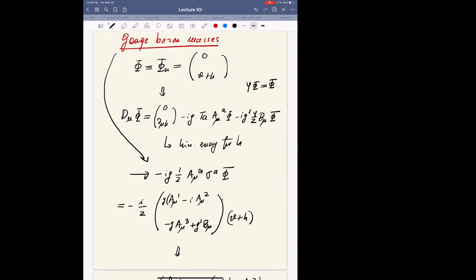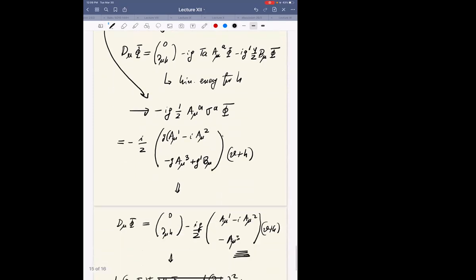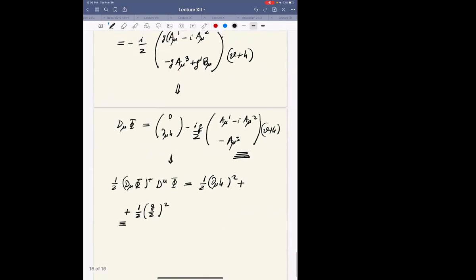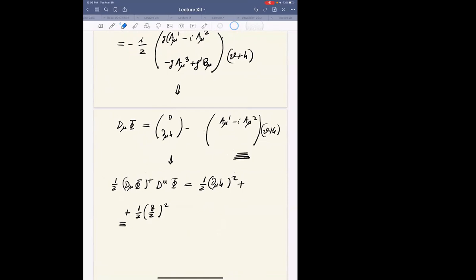So I can forget about it, I took a half out. I was almost right, but the mistake was dramatic, although it's almost. So this shouldn't be g here. It's minus i over 2. g is here. And then minus g A_mu^3 plus g prime B_mu.